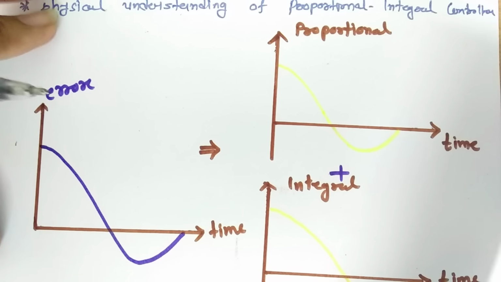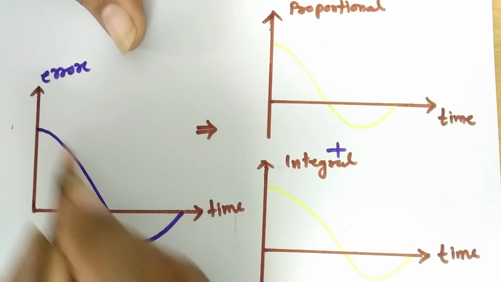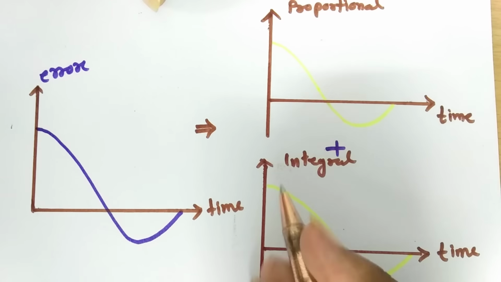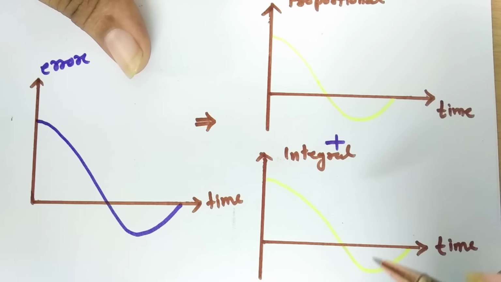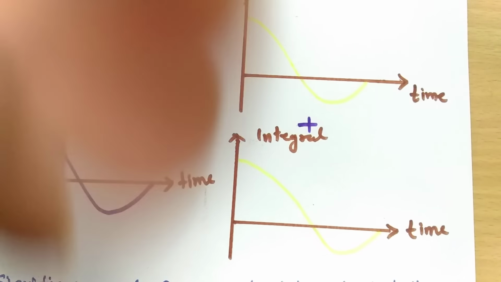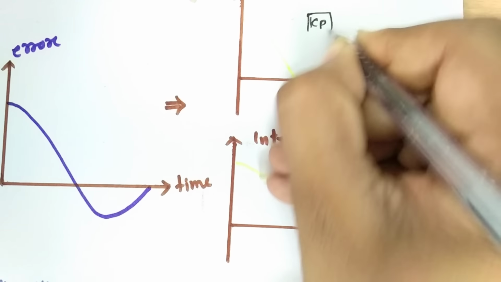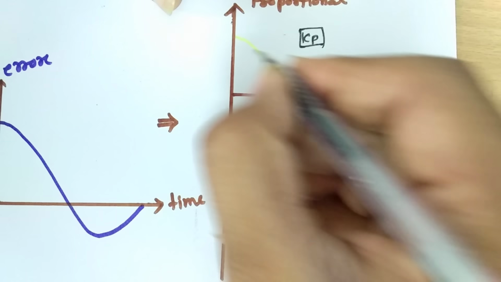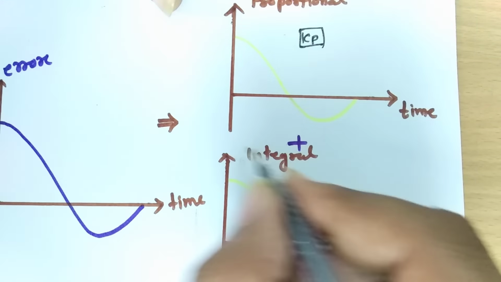Now I will be going to explain what is the physical understanding which is there with proportional integral controller. So if I say my error signal that is varying like this, so resultant output of controller, that is due to two portions. One is due to proportional and other is due to integral. So for proportional portion, our output that will be based on Kp gain which is there with controller, and it will change as error signal is getting changed.